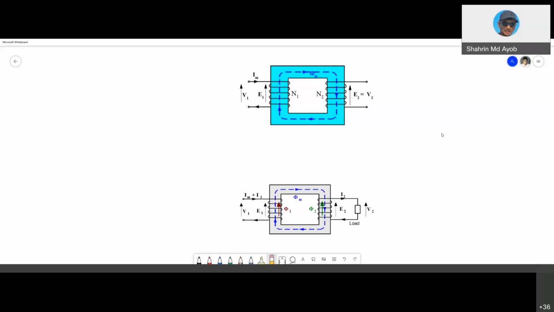Okay, so that pre-recorded video is part 1, which is just an introduction about the transformers, where the main point is to expose the students with the equivalent circuit of the transformer.